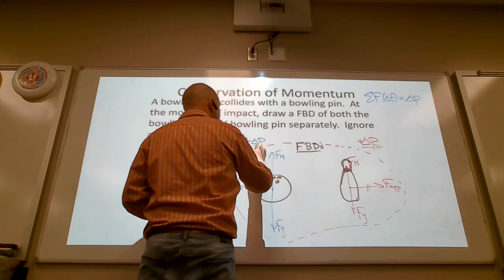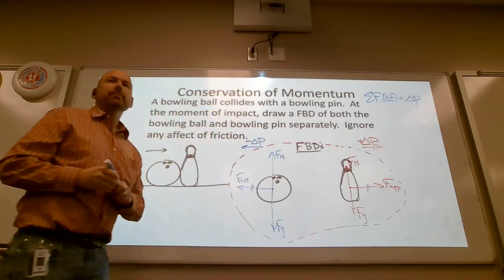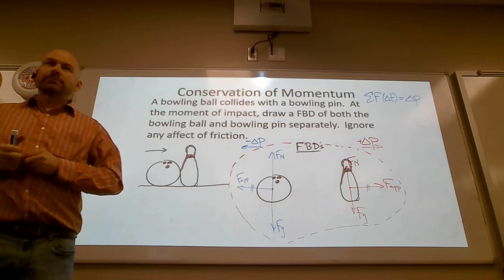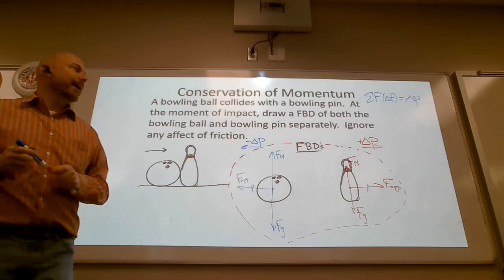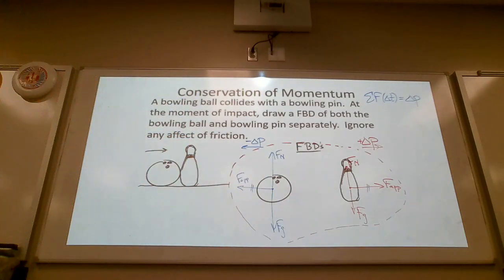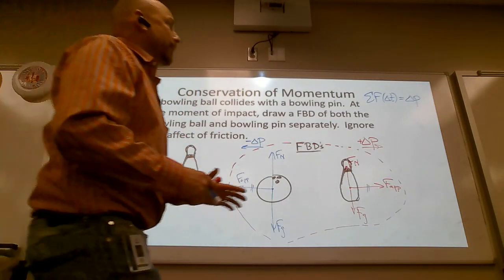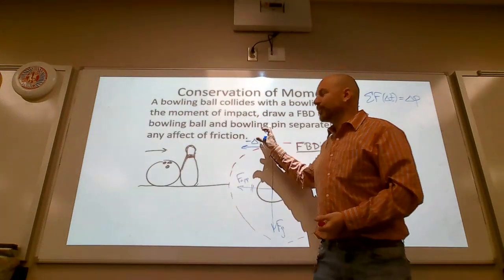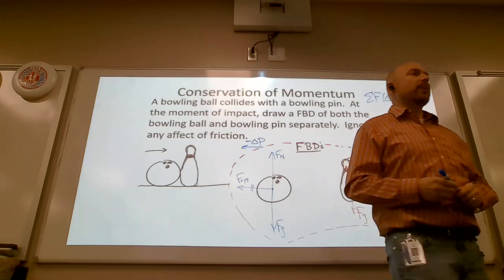So it had a negative change in momentum. And this is why the total momentum of the system stays the same, because the positive change of momentum of the pin is equal to the negative change of momentum of the ball.